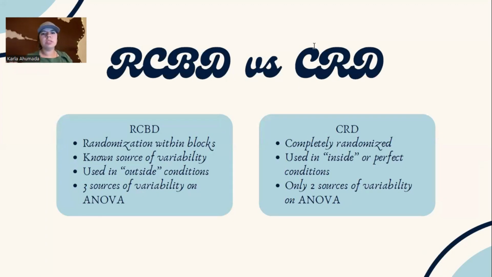And so I mentioned CRD. CRD stands for completely randomized design, which sounds very similar to randomized complete block design, but they're very different. So RCBD has randomization within blocks. CRD has no blocks and it is completely randomized. RCBD has a known source of variability, whereas again, CRD does not.